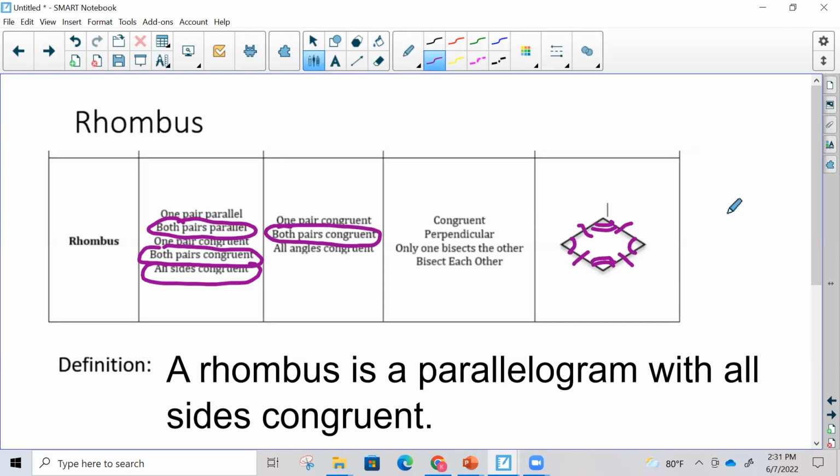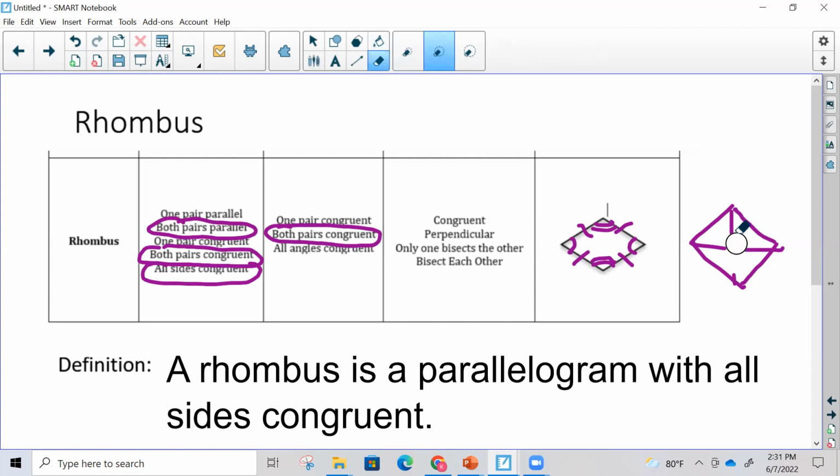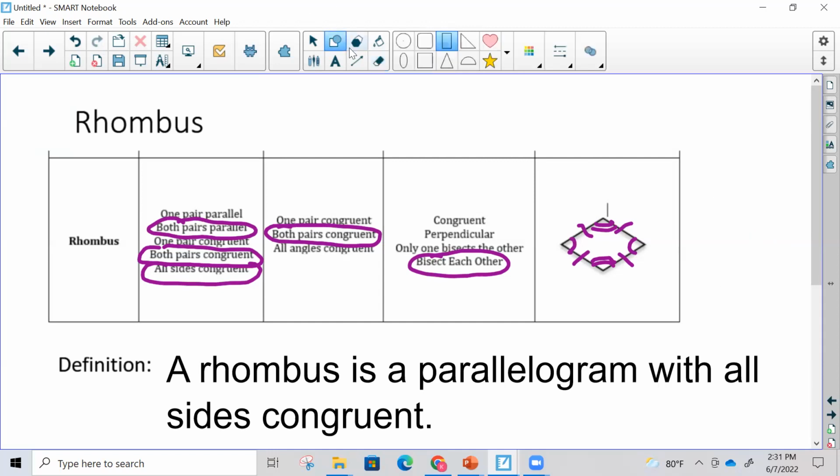Now for the diagonals, we know again that it's a parallelogram. So we do know that they bisect each other. Okay, but we also know, and this is not the best diagram, let me try again so that you can maybe see it clearer.